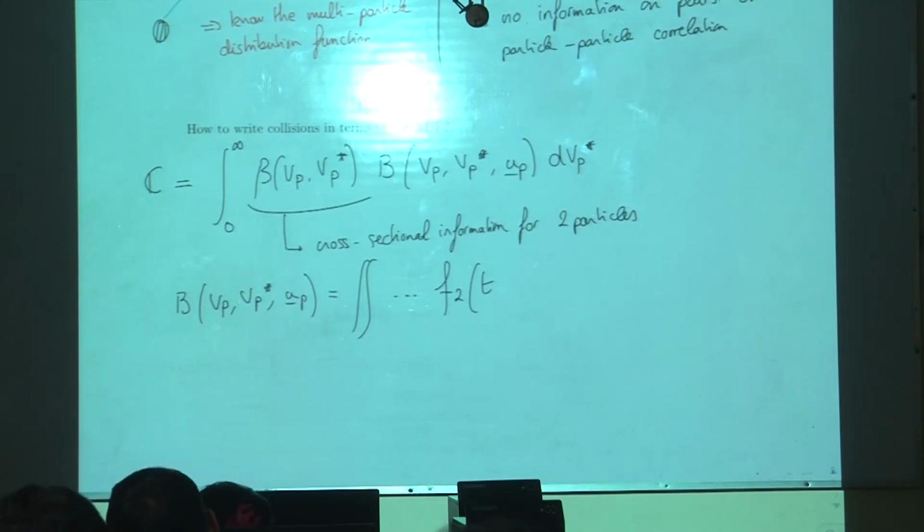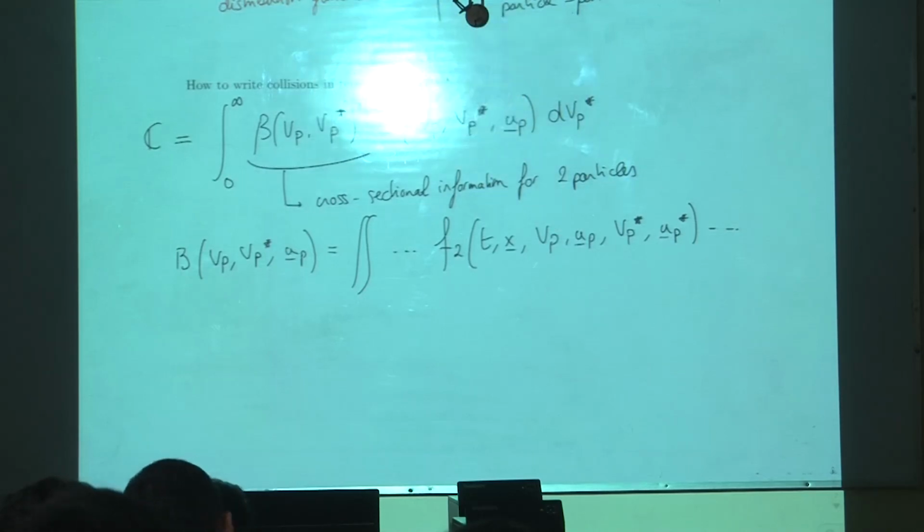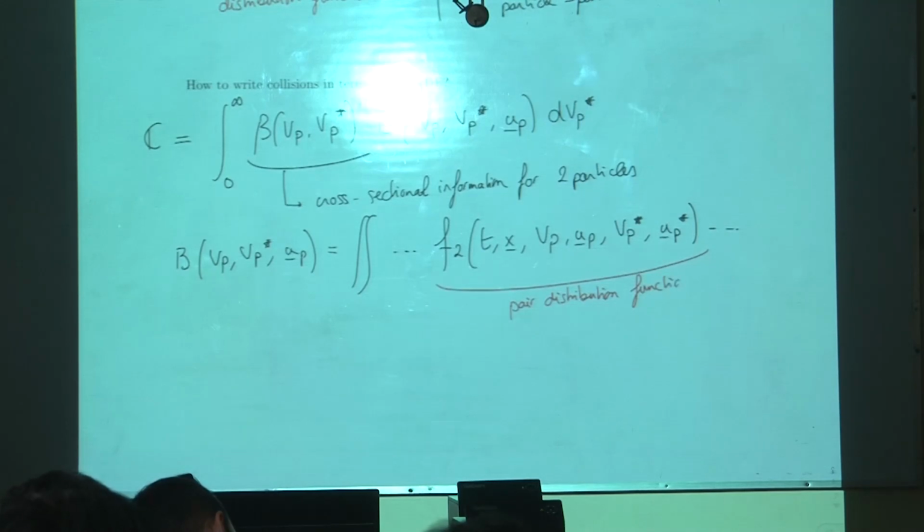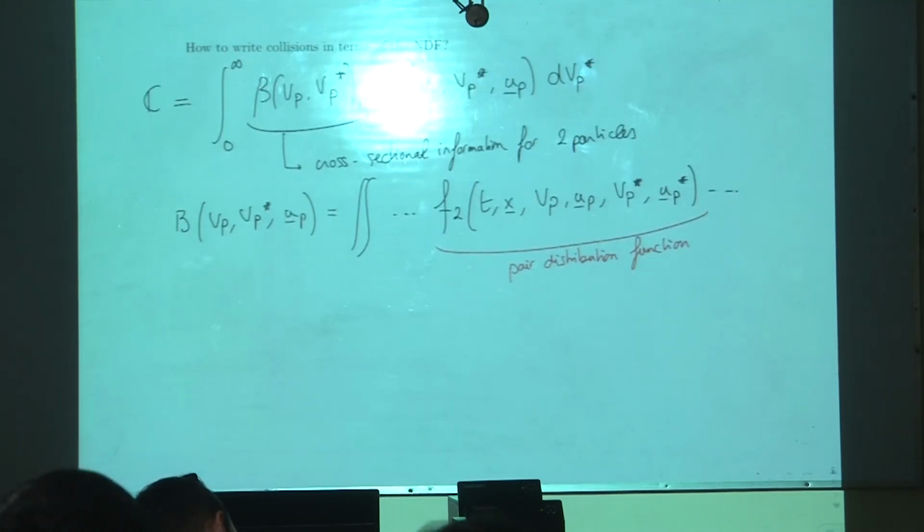Now we'll be looking for a pair of particles at a certain position x, at a certain time t. First particle being of size Vp and of velocity up. Second particle being of size Vp star and of velocity up star. I'm passing over a lot of details here, but the important thing is this is your pair distribution function, something that we do not have in our representation.